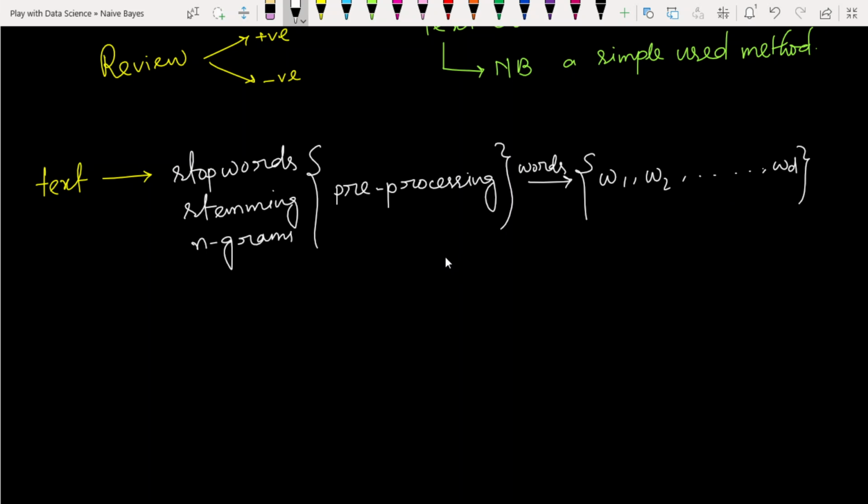How do we convert these words to a vector? There are many kinds of techniques, for example binary bag of words. Binary bag of words means that if a word is present in the text, then we use 1. If it is not present, then we use 0. This technique is called binary bag of words.